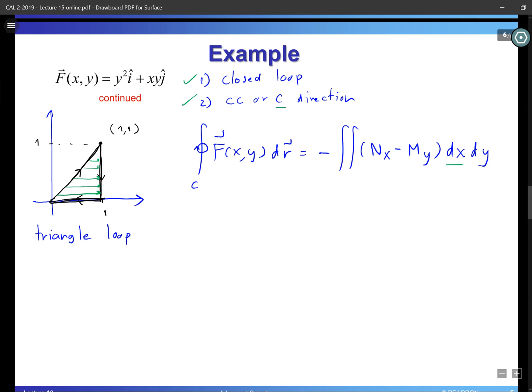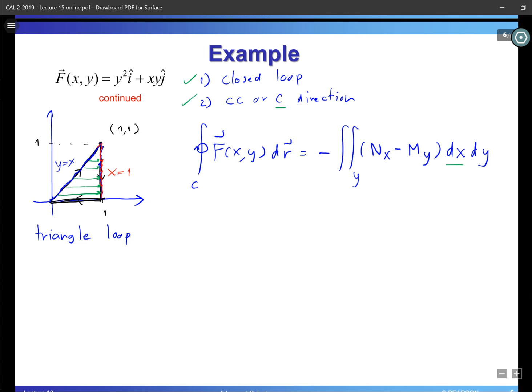In this case, we have the left line and the right line. The left line is y equal to x, and the right one is x equal to 1. So x is going to sweep from the left function to the right function, starting from x equal to y.